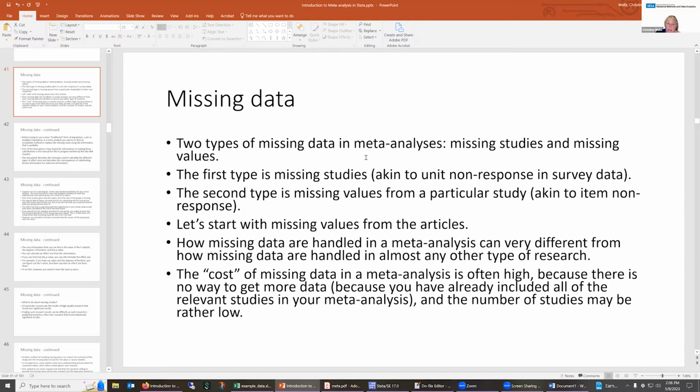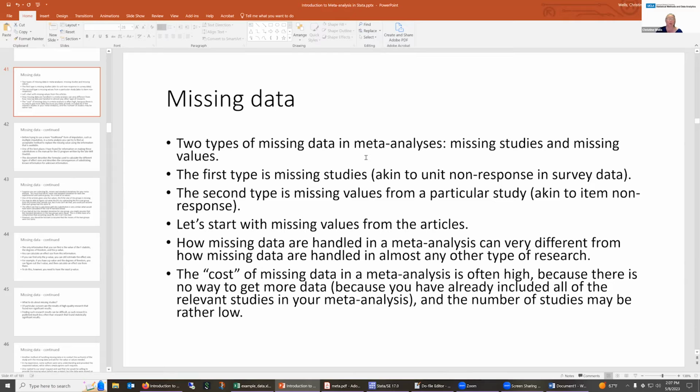Let's start with the missing values from your articles, because how you handle these different kinds of missing data is very different than in most other types of research. The cost of item missing data in meta-analysis is often very high because there's no way to get more data. In other words, if you've already included all of the studies in the literature that are relevant to your meta-analysis, it's not like there are more studies you can go out and get.